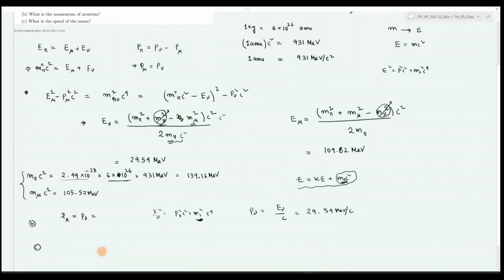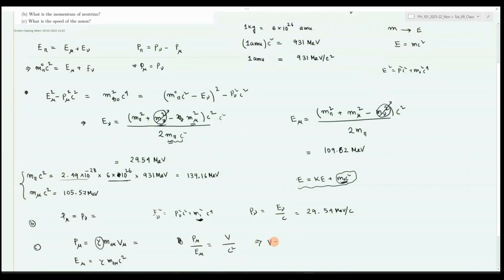Now speed of muon. You know P mu is equal to gamma m0 mu times V mu. Don't forget this gamma, okay? This is the momentum of muon. And you also know the energy of muon, gamma m0 mu c squared. Now you divide P mu by E mu. It will come out to be equal to V by C squared, right?